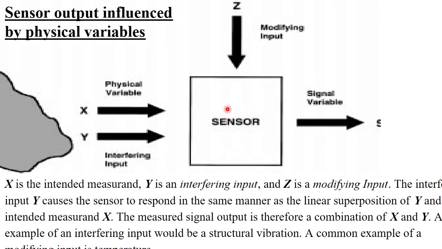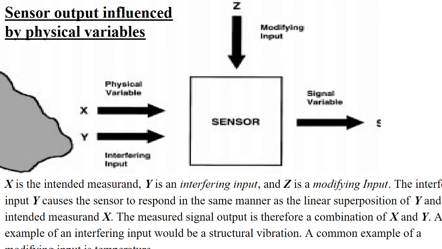A common example of this modifying input is, say, a magnetic field that can create some spurious signal, or that can induce some voltage.